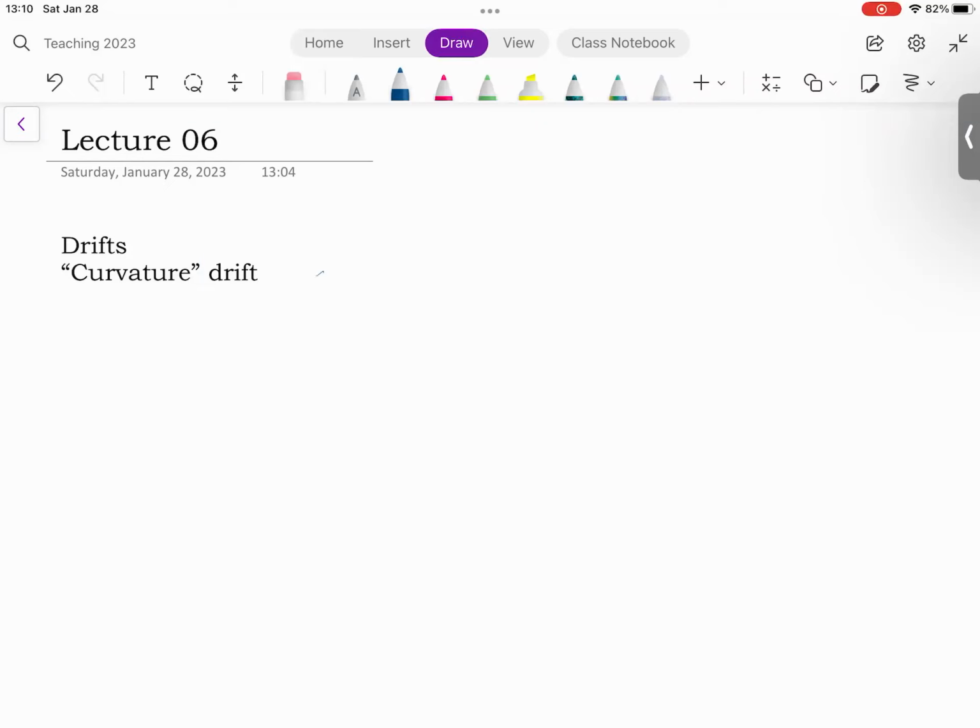Let me remind you that the drift velocity is going to be equal to the mass of the particles times the square of its parallel velocity divided by the charge. So notice that the charge with sign appears in this expression. That means that the drift is in opposite directions for differently charged particles.